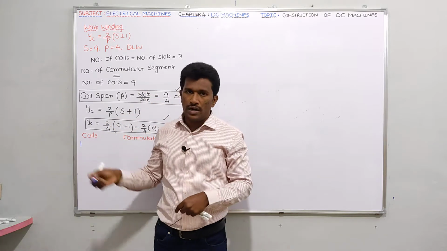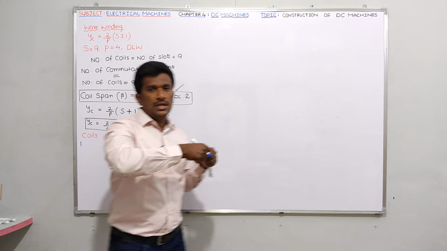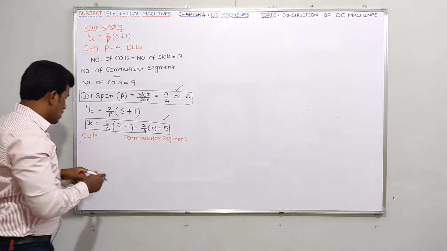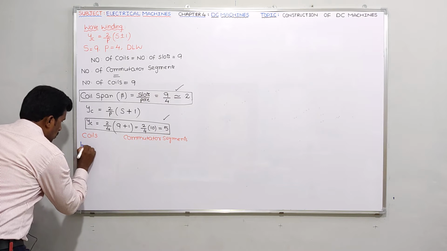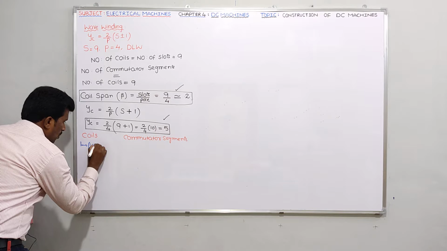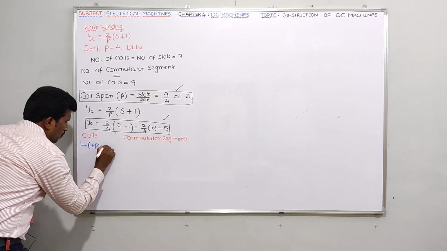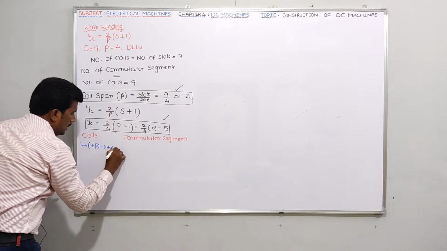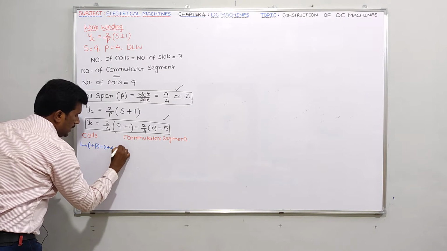for example, slot number 1 from the top conductor, in slot number 3 it should go to the bottom conductor. Therefore you should go from 1 to 1 plus coil span beta, that is 1 plus the beta value, here 2, so you get 3. But don't forget to write 3 dash.